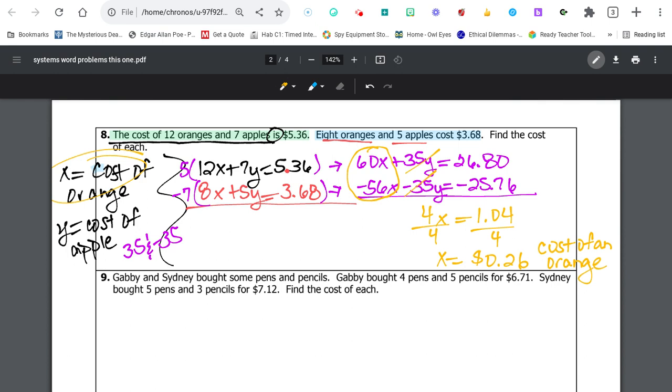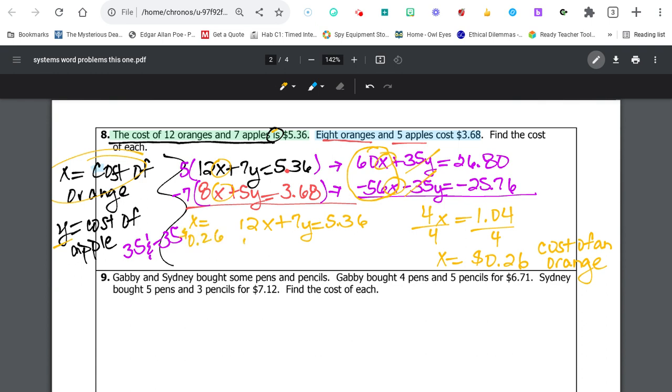And now I just need to find the cost of an apple. So the apple is Y, so you can put the X of 26 cents in right here, here, here, or here. I'm going to go with the top one: 12x plus 7y equals $5.36. Remember, X, the cost of an orange, is 26 cents.